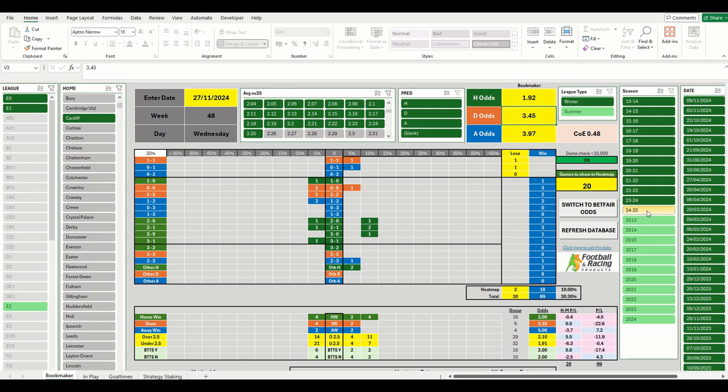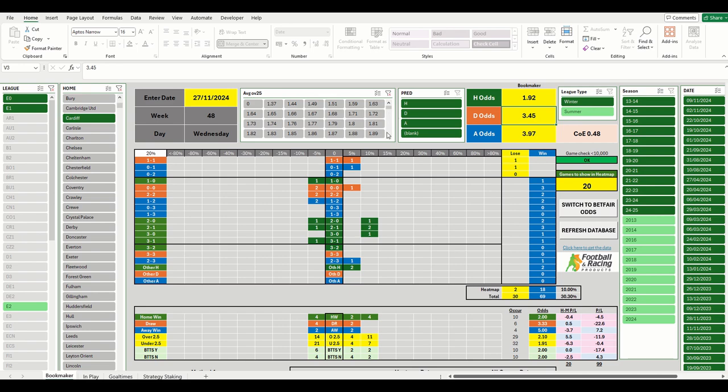You have less historic data, certainly less to calculate through the Power Query if you have fewer seasons in there. Same as well with the leagues. The leagues you're not really interested in, just keep the ones that you are interested in here. But the speeds aren't too bad considering how much it's having to churn through when I'm making these calculations.